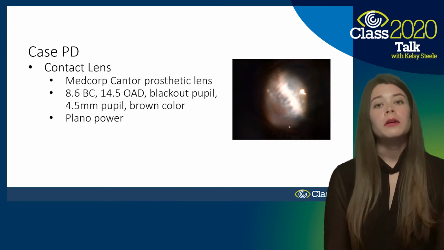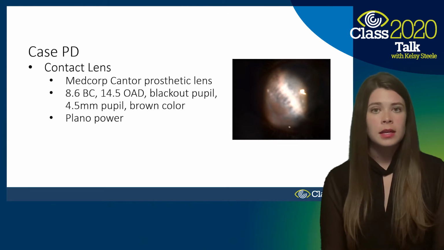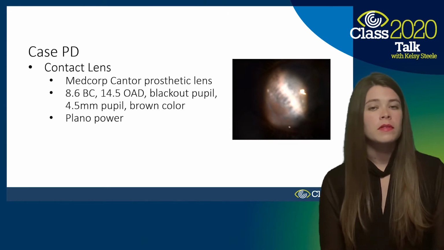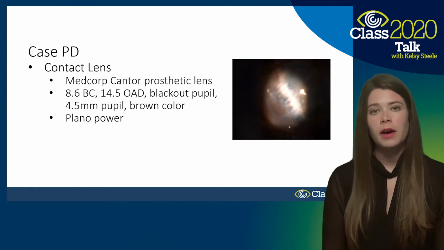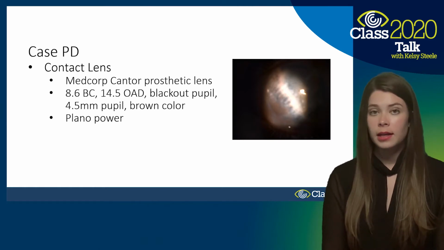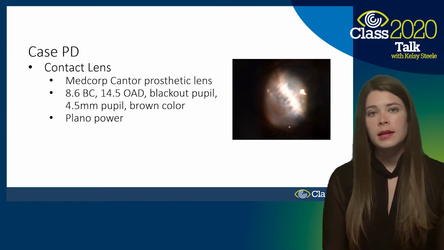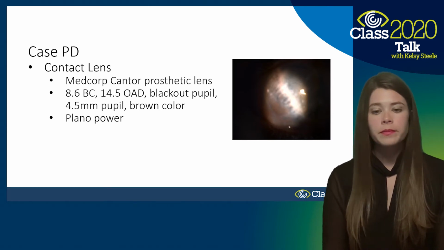We used some clear diagnostic lenses to see how they fit and how they move and center. And we decided to order a MedCorp Cantor prosthetic lens with an 8.6 base curve and 14.5 diameter. Like I said, we decided on that just based on clear diagnostic fitting from lenses that we had.